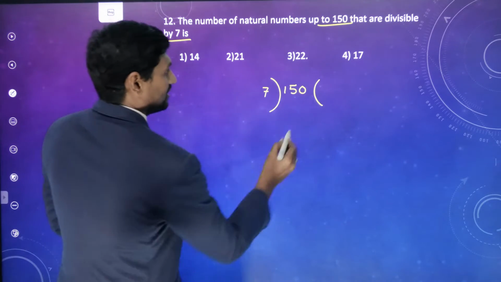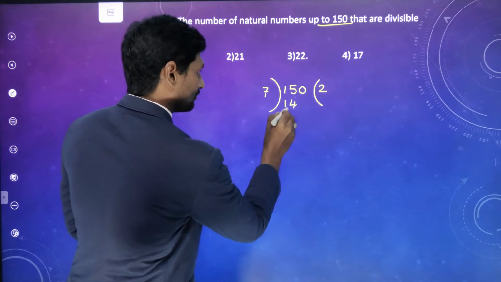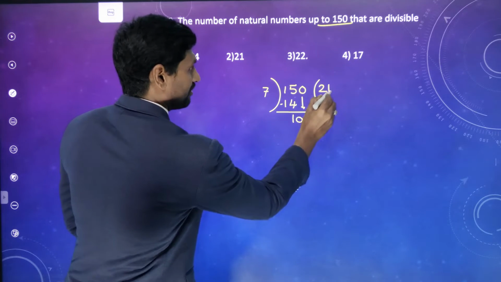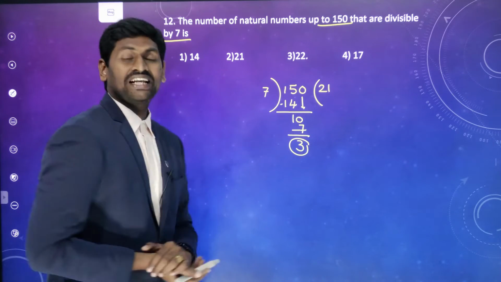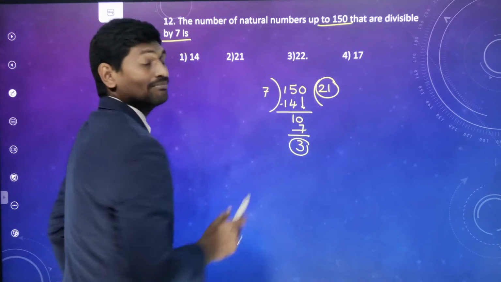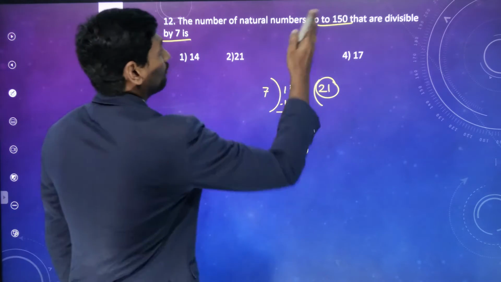So simply 7 twos are 14, 1 remainder. 7 ones are 7. We are not considering the remainder. Up to then, there are 21 multiples of 7 up to 150.